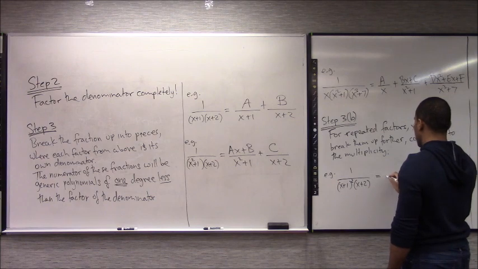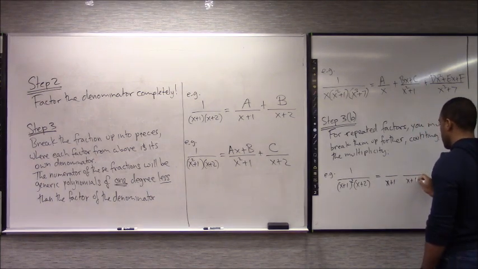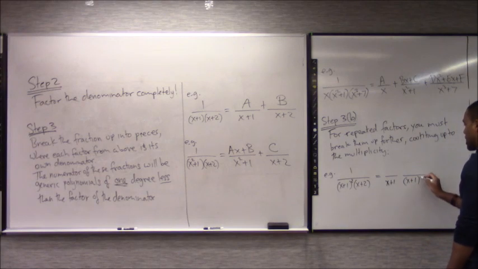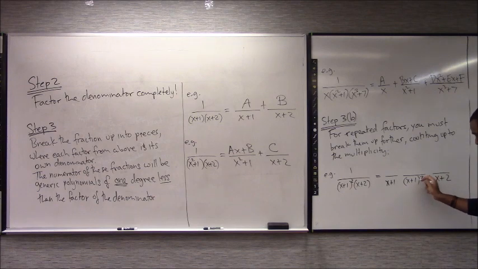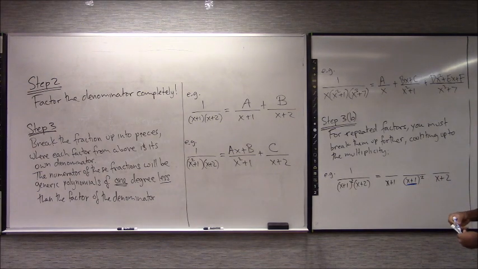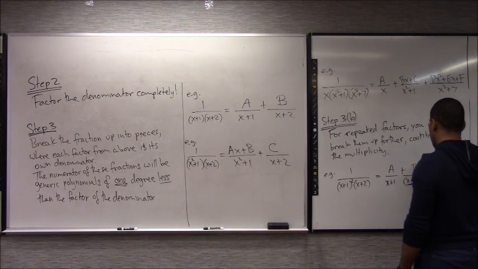What you have to do is actually break up the x plus 1 into 2 parts, where you start at 1 and you count up to the multiplicity 2. Now, the numerator still looks at the factor itself. So it's a square here, but we look at the inside. The inner factor is linear, so this is still going to be A, this is going to be B, and that's going to be C.